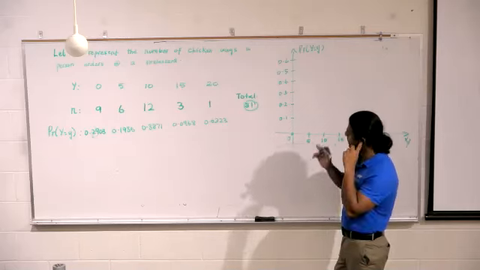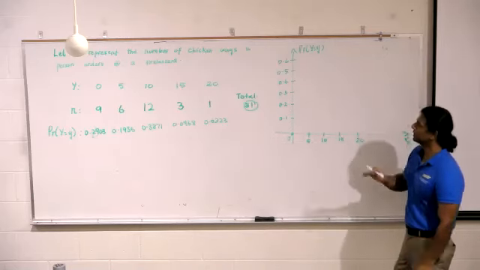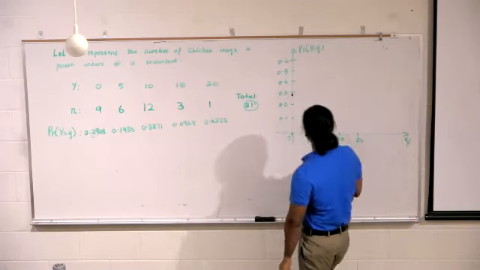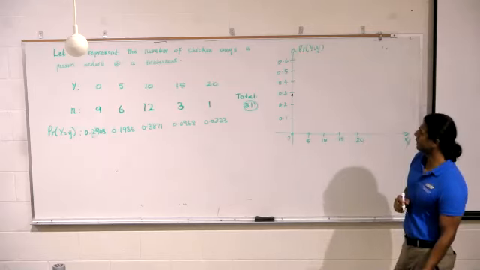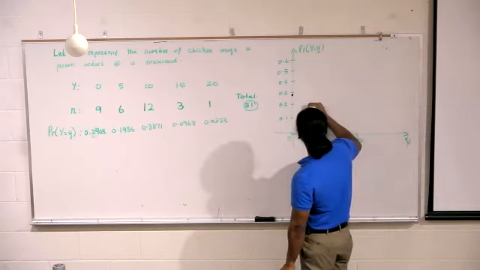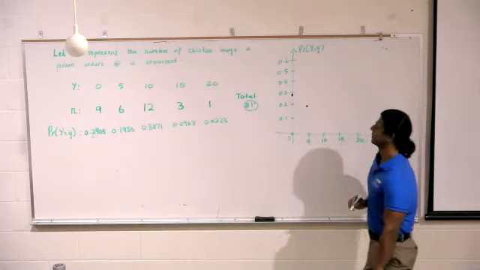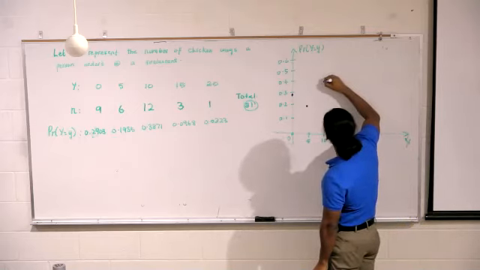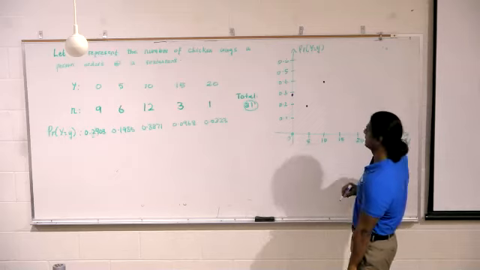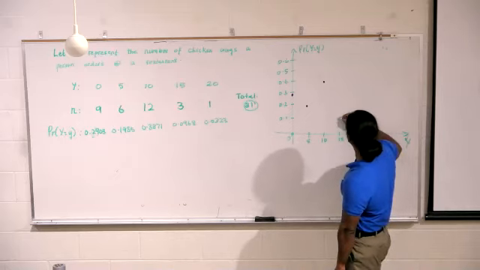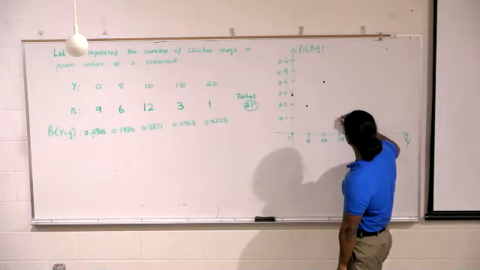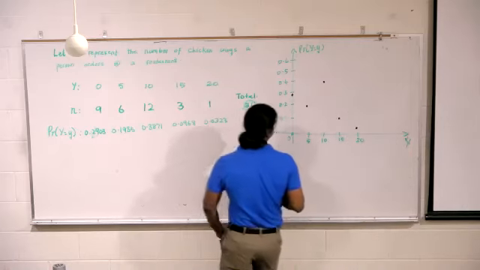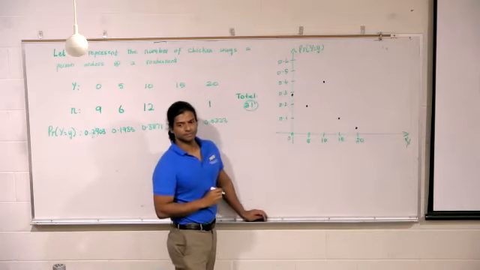The percent of people who would order no chicken wings at all is about 0.29, so right there. 5 wings exactly, 0.19. 10 wings, we have 0.38. 15, 0.09, and 20, 0.03. Good.